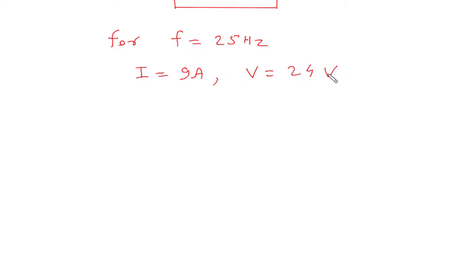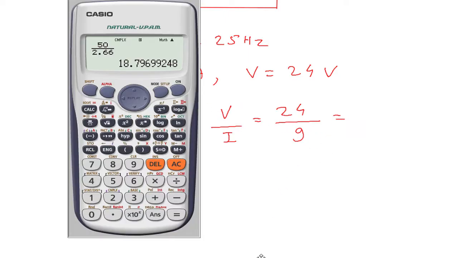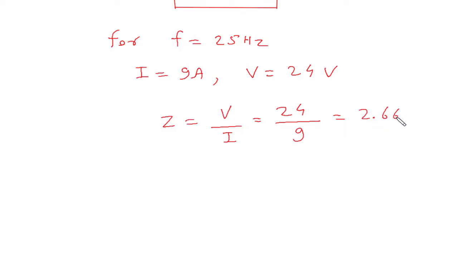Now from this, Z is equal to V by I. So 24 divided by 9 is 2.66. The unit of impedance is ohm.